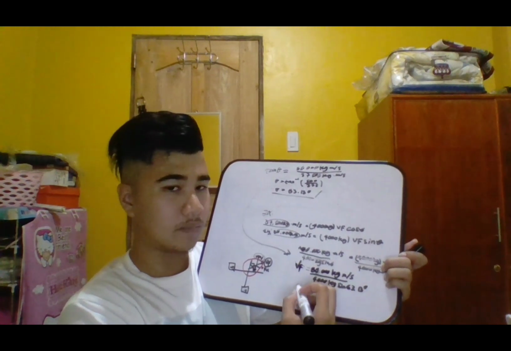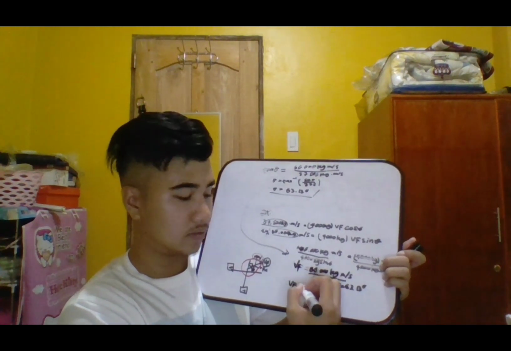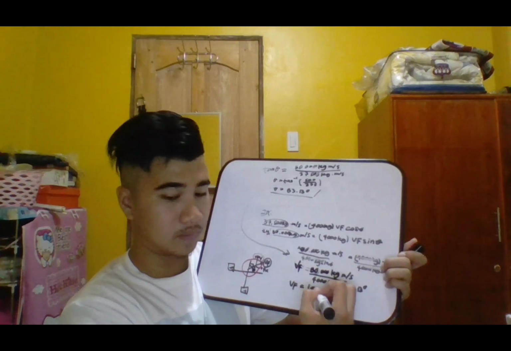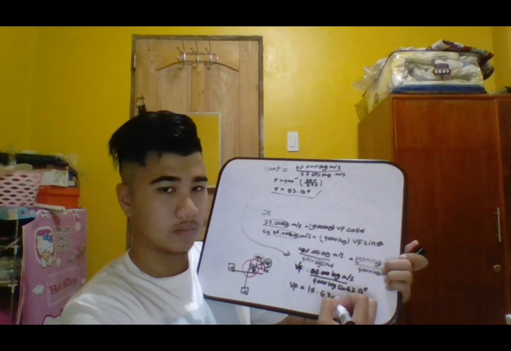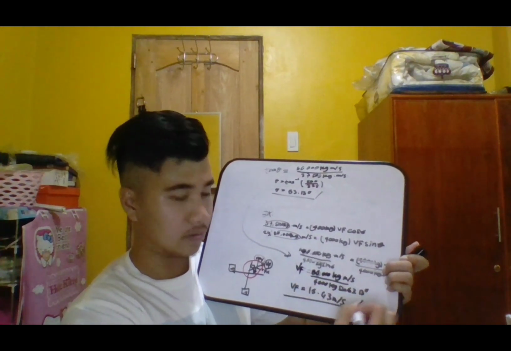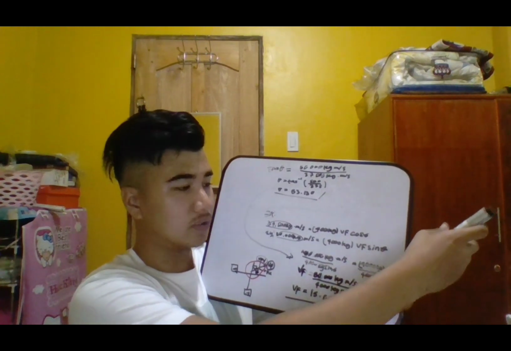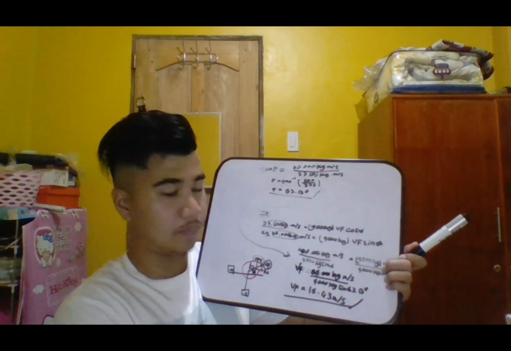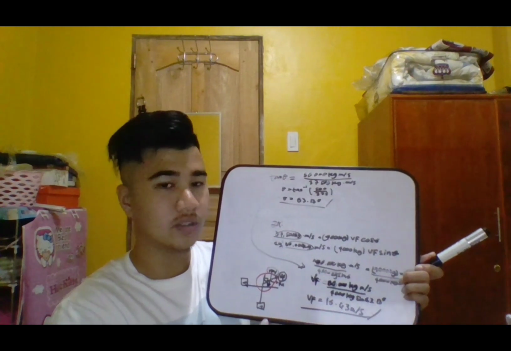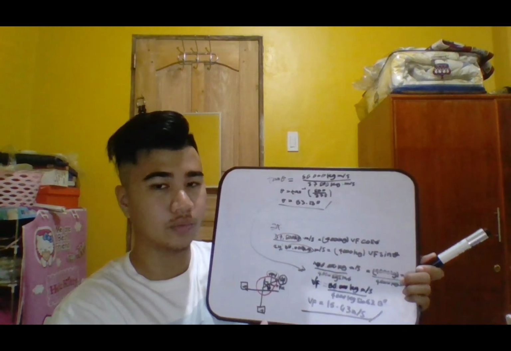By calculating, ang final velocity natin is equal sa 15.63 meter per second. So, this is the final velocity with an angle of 53.13 degrees. So, this is example for collision in two dimension.